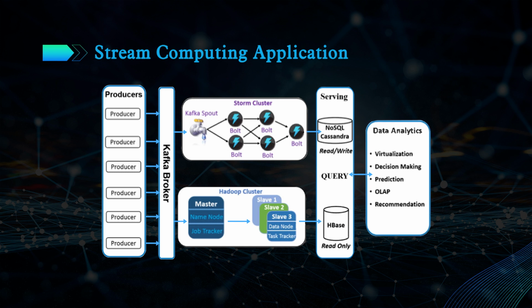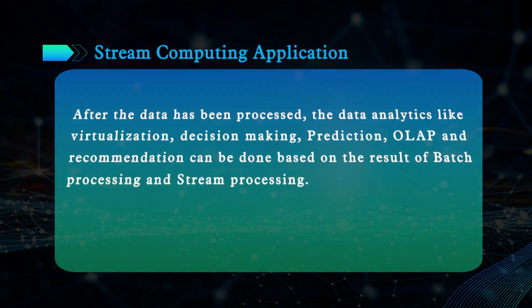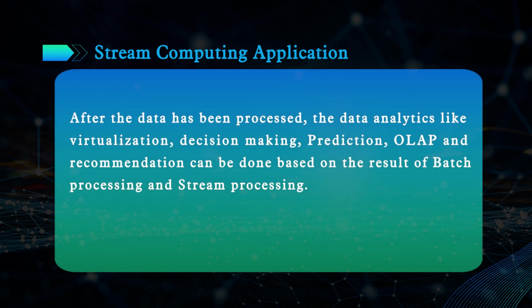The output of batch processing can be stored in HBase. After the data has been processed, the data analytics like visualization, decision-making, prediction, OLAP, and recommendation can be done based on the result of batch processing and stream processing.